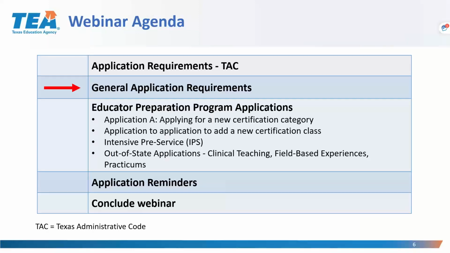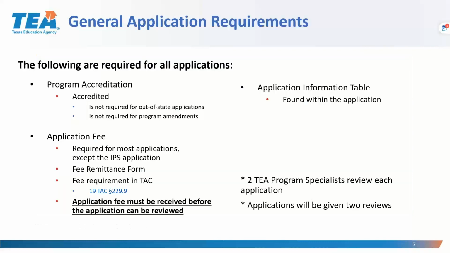We will now review some of the general application requirements. There are a couple of application requirements that are applicable across all application types. To be eligible to apply to add a new certification class or category, the program must have an accreditation rating of accredited. An accredited status is not required for out-of-state applications or the intensive pre-service application, since intensive pre-service is a program amendment.